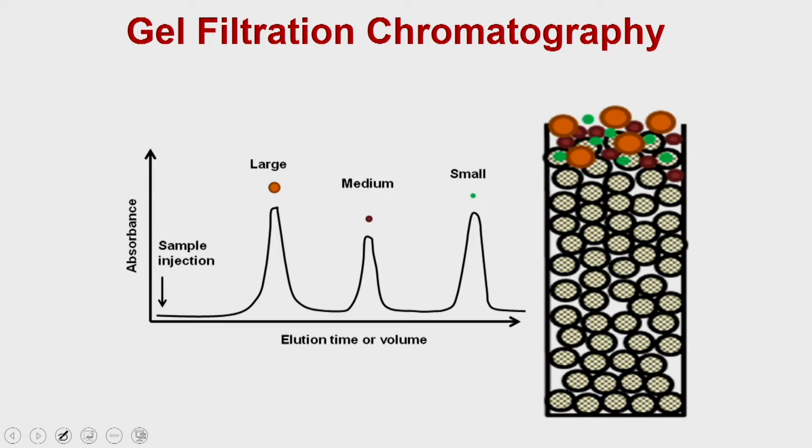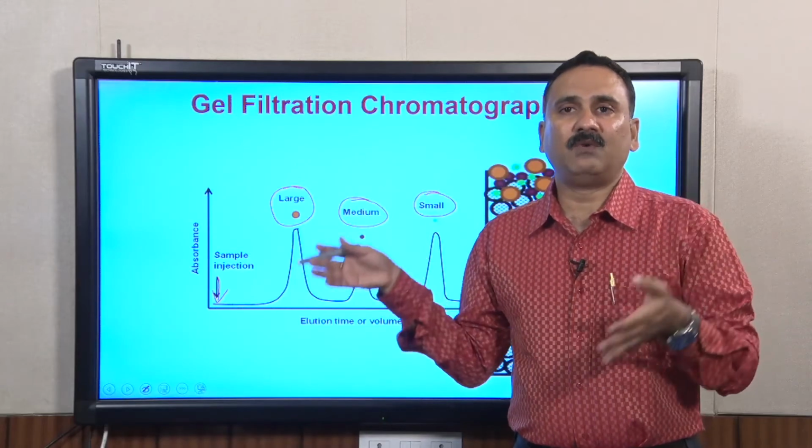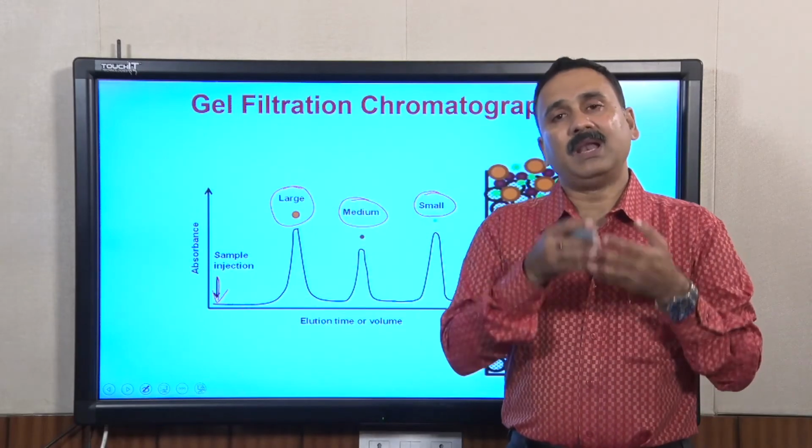If you resolve molecules of different sizes, when you inject them, what you will see is the large size molecule will come out first, the medium size molecule will come out later, and the smallest molecule will come out last. This means the elution volume for the large is very small, the elution volume for the medium is in between, and the elution volume for the smallest one is the largest.